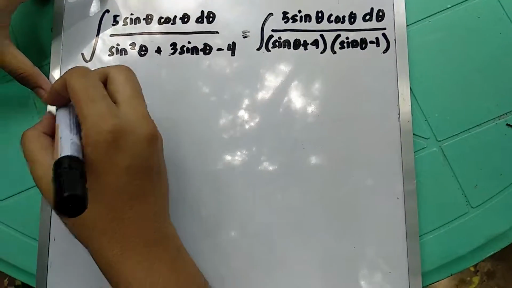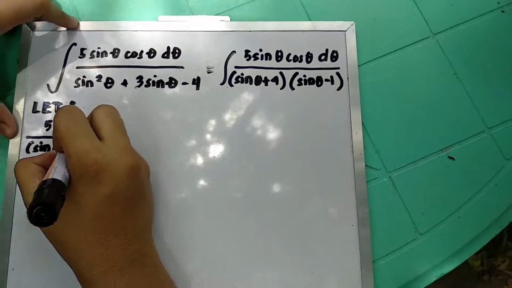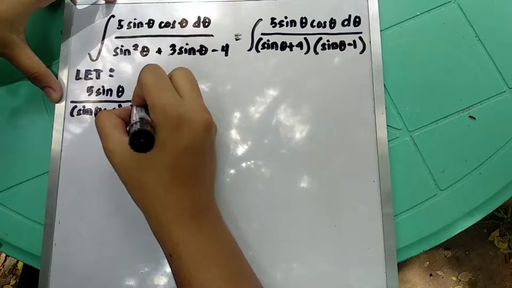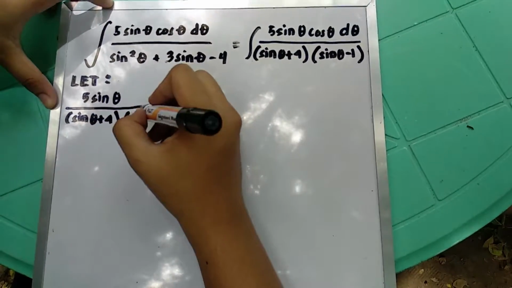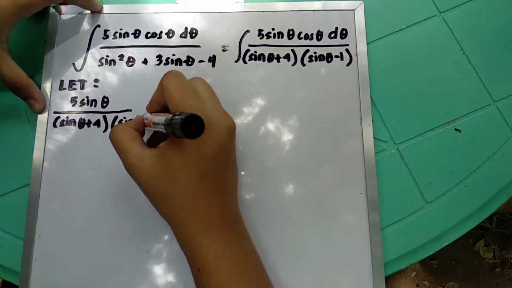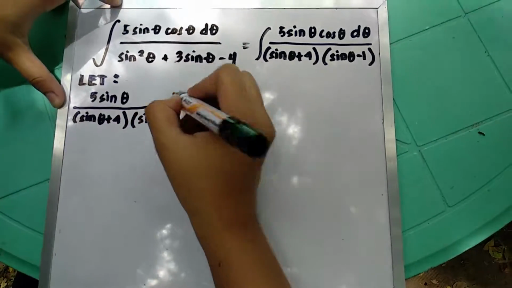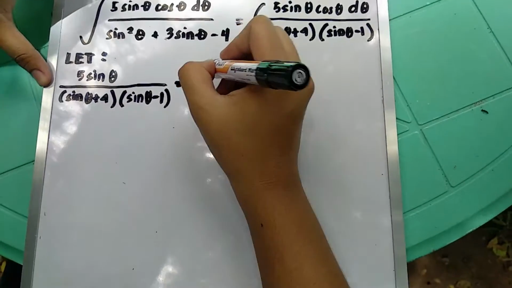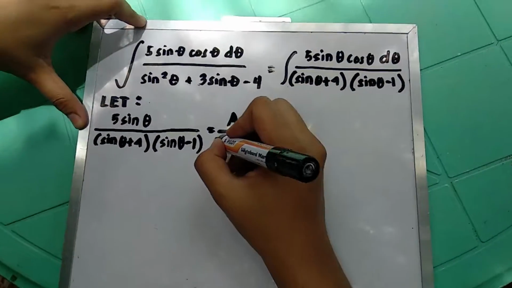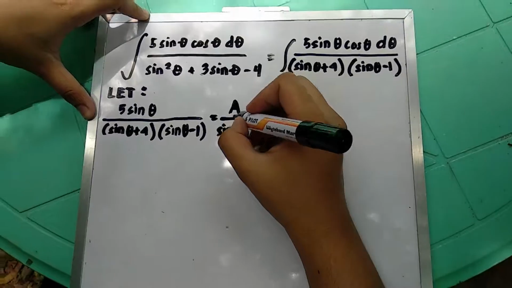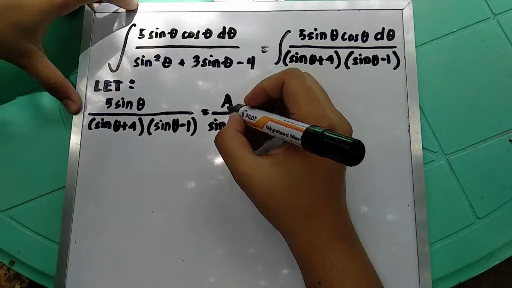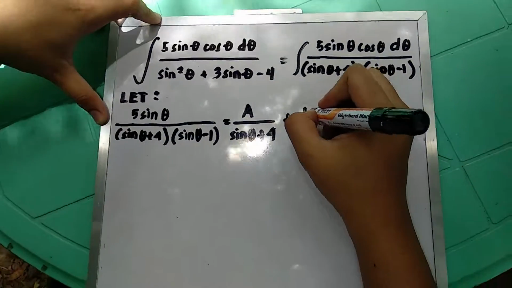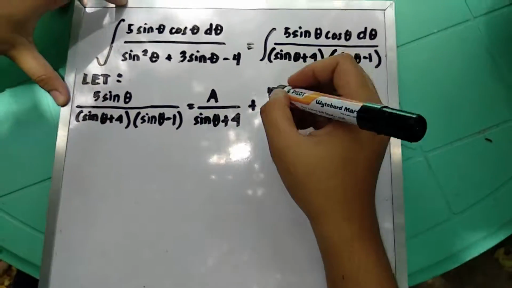We use the partial fraction decomposition form to rewrite the equation. It will then become 5 sine theta over sine theta plus 4 times sine theta minus 1 equals a over sine theta plus 4 plus b over sine theta minus 1.